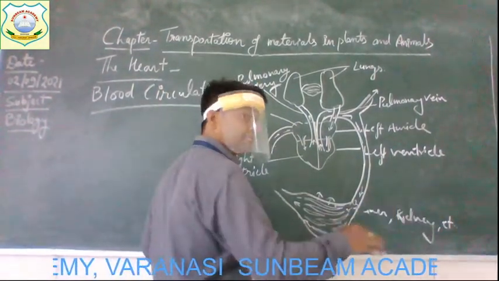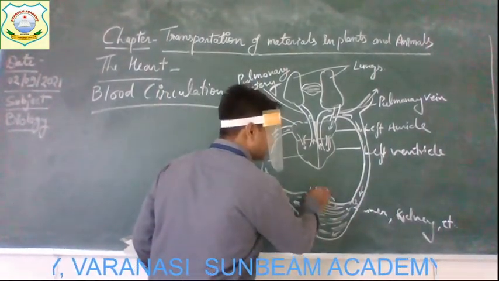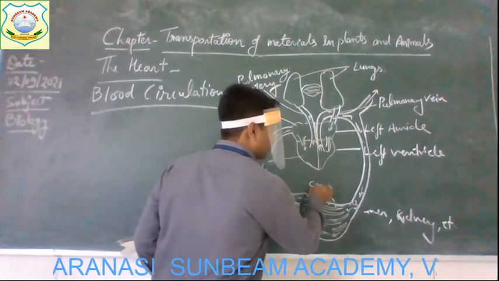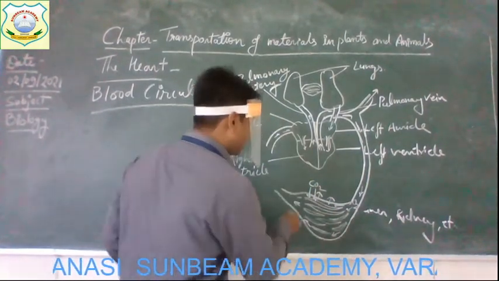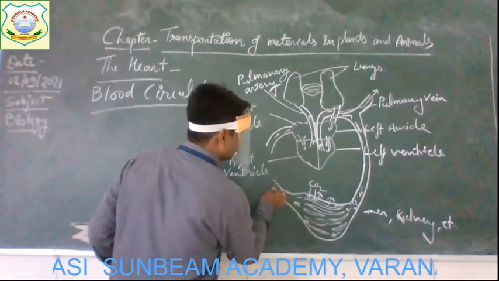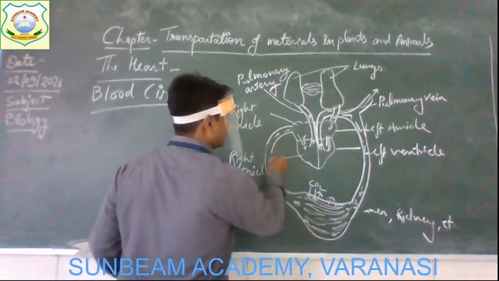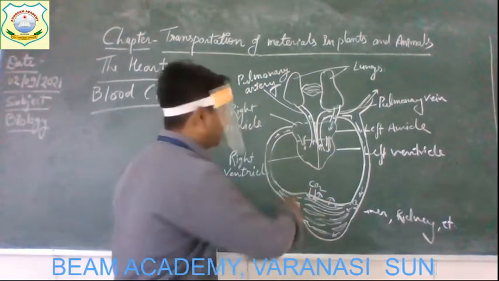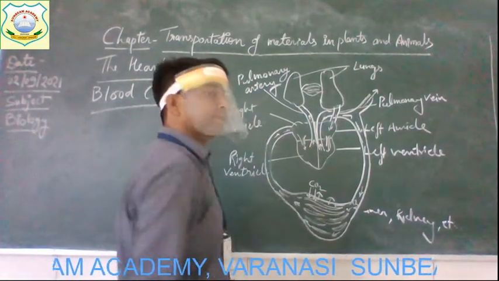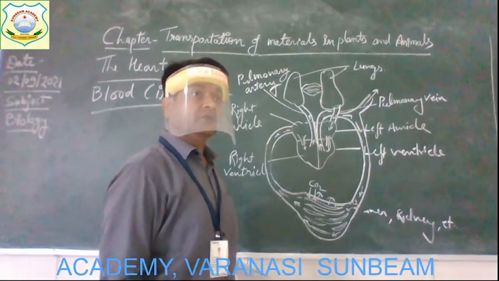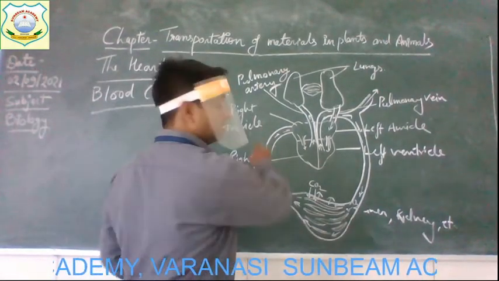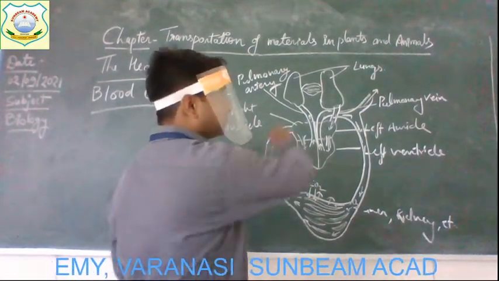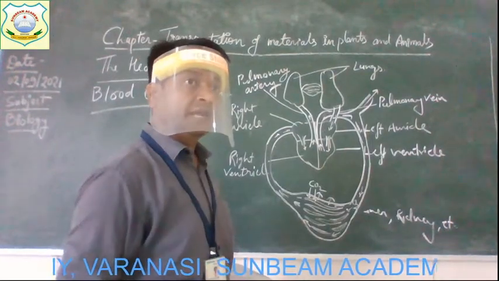Alright, and at the same time, what enters it? Carbon dioxide. And now this vessel carries the blood which is deoxygenated and goes back to the which auricle? Right auricle.